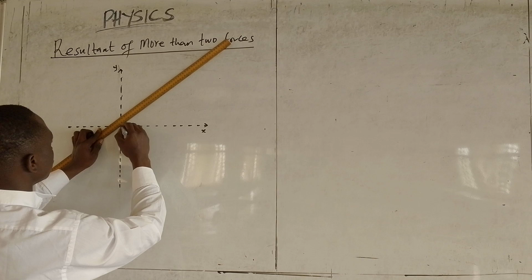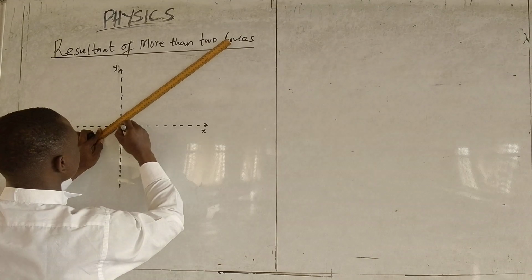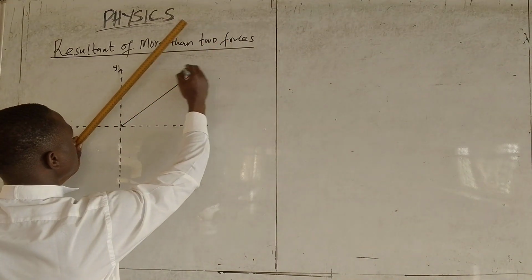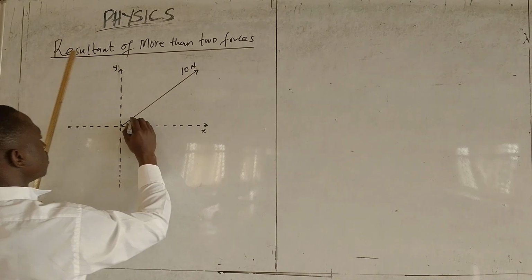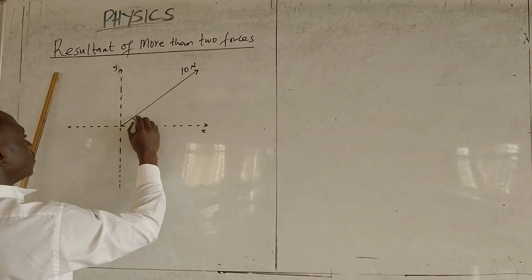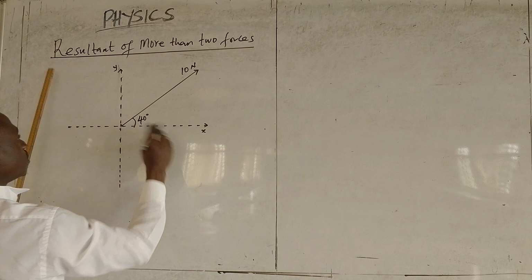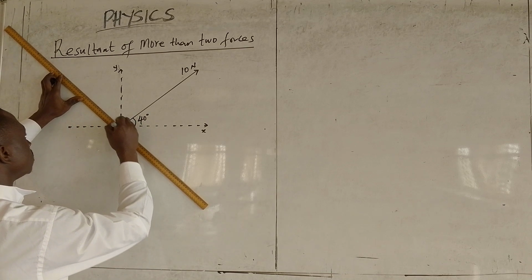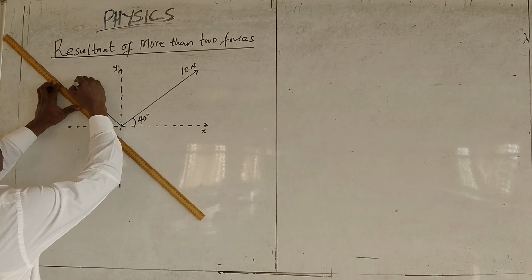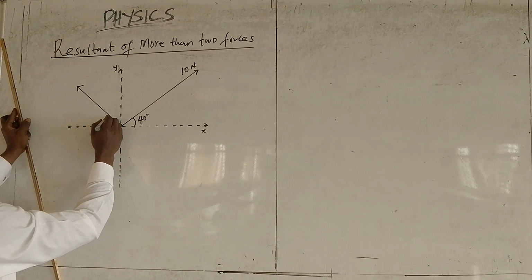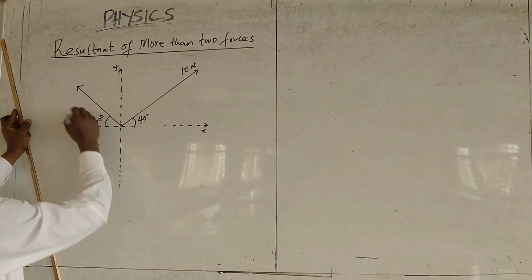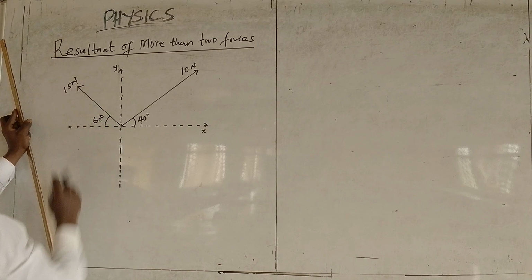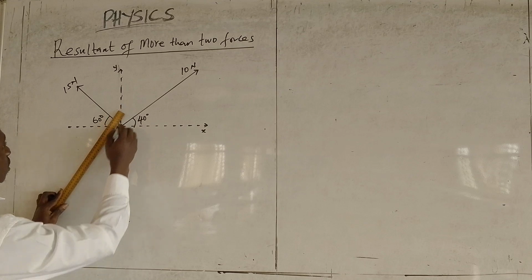So if you have a force in this direction, let me assume this 10 Newton at an angle, let me say 40 degree to the horizontal. Then you have another force in this direction. Let me assume this to be 60 degree and this 15 Newton.